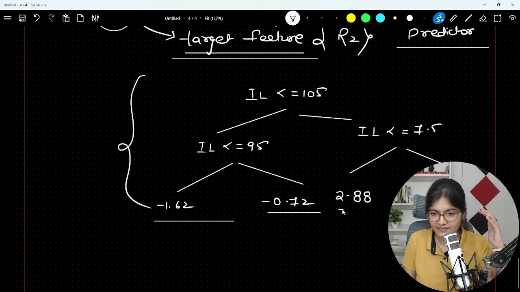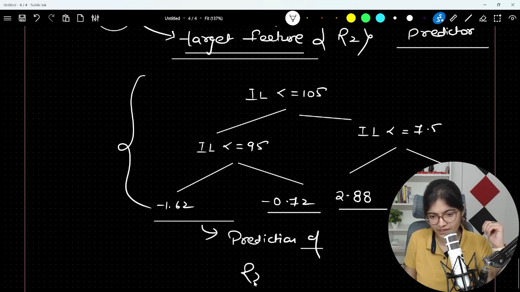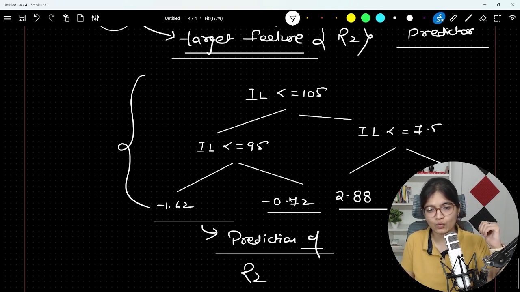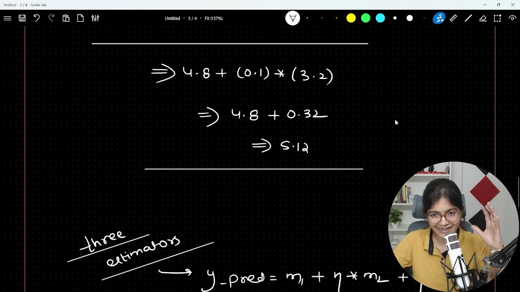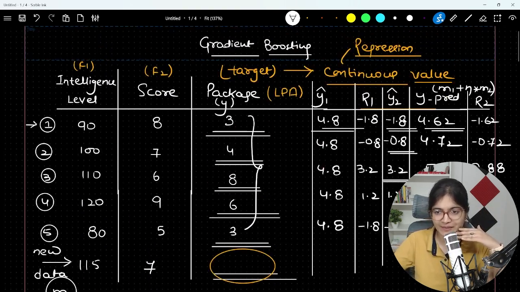You can see that the final leaf node values contain the predictions of residual R2, which is the target. These predictions, negative of 1.62, negative of 0.72, are approximately similar to the values of R2.